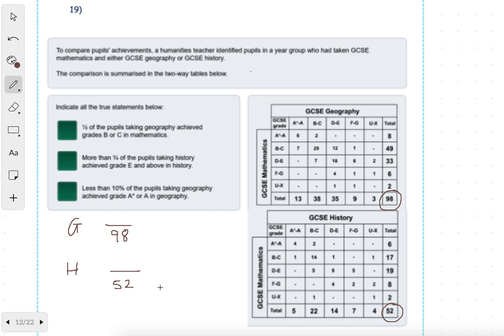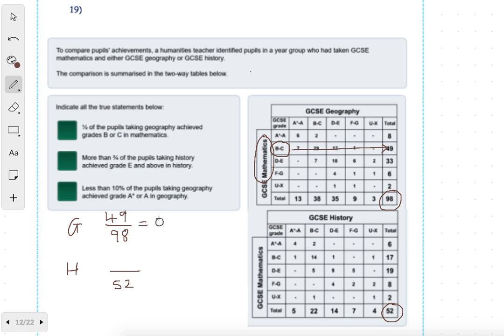And again, it doesn't really matter whether they're asking you for fractions, decimals or percentages. You always start with a fraction. So I'll just do one of these statements. The first question says, half of the pupils taking geography achieved grades B or C in mathematics. So I look at mathematics, I look at grades B to C, and I go along to the total. It's 49. So I put 49 at the top of my fraction.